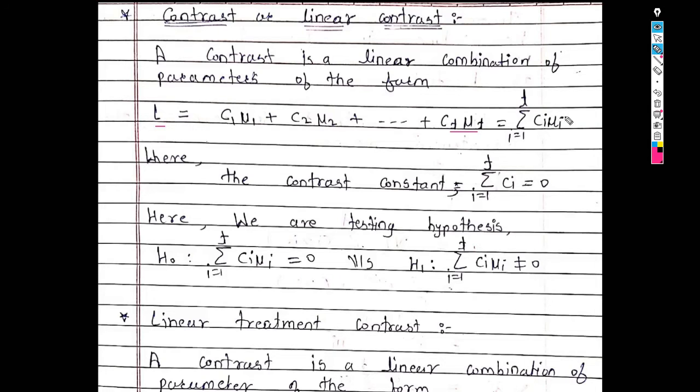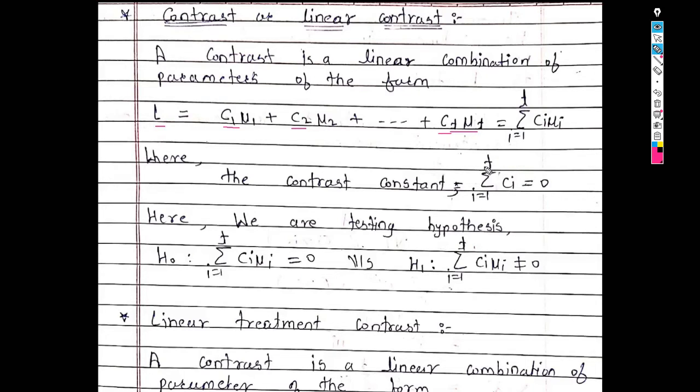So this is our linear contrast. Here C1, C2 up to Ct are the contrast constants, and the summation of these constants is 0.